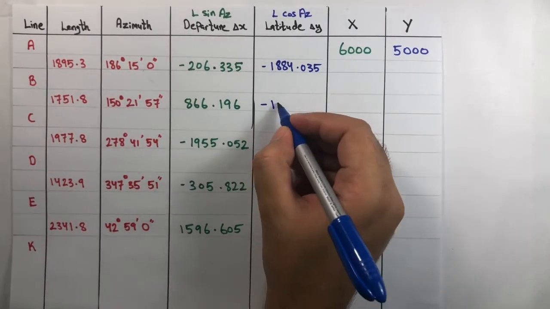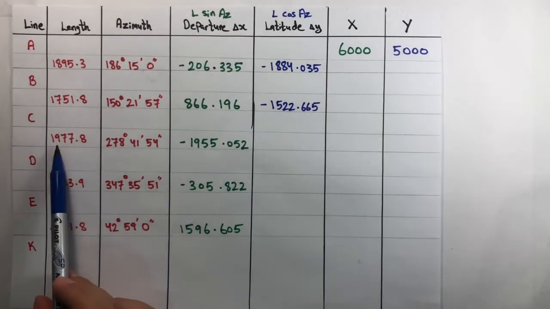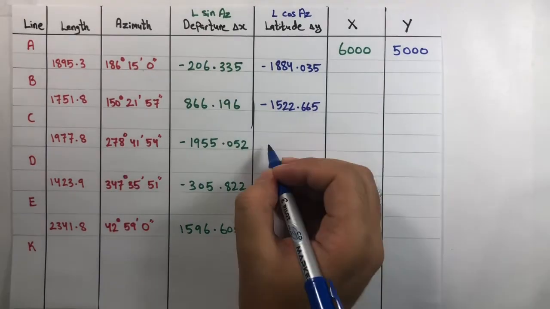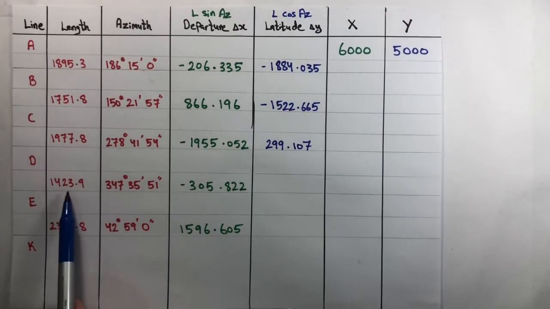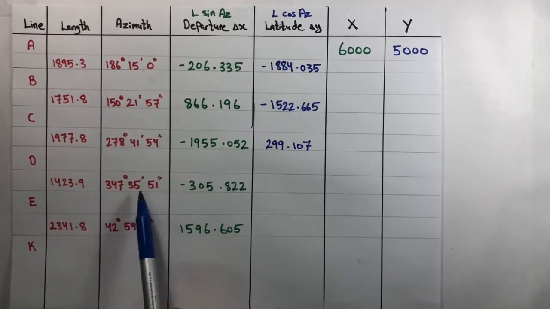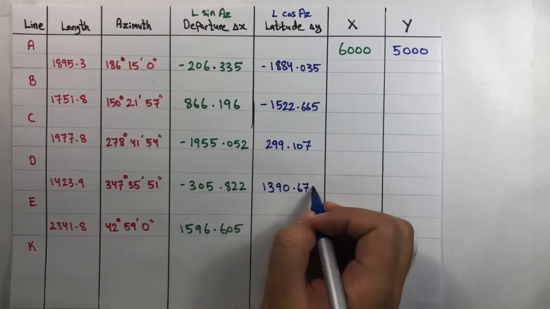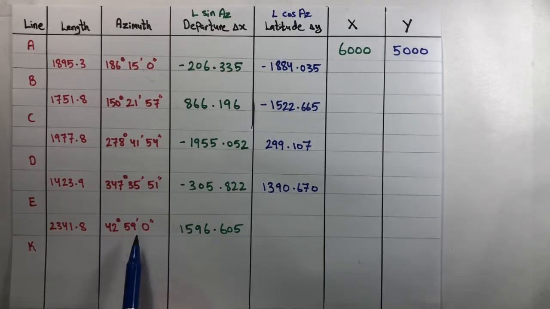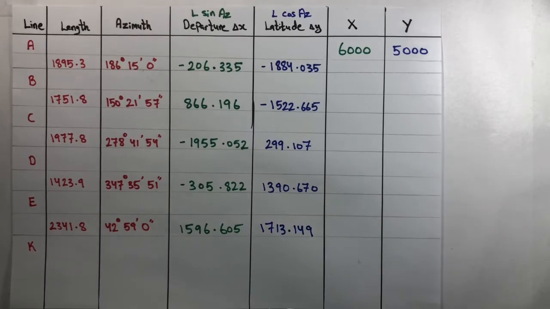Again we get negative 1522.665. Next 1977.8 cosine 278 degrees 41 minutes and 54 seconds. We'll get a positive 299.107. Next 1423.9 cosine 347 degrees 35 minutes and 51 seconds. We'll get a positive 1390.670. Then 2341.8 cosine 42 degrees 59 minutes and 0 seconds. We'll get a positive 1713.149. We are done with the departures and the latitudes.